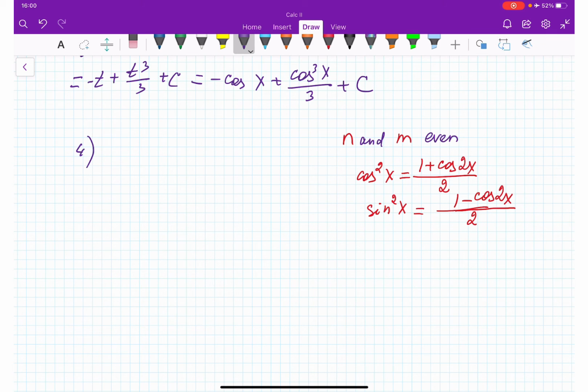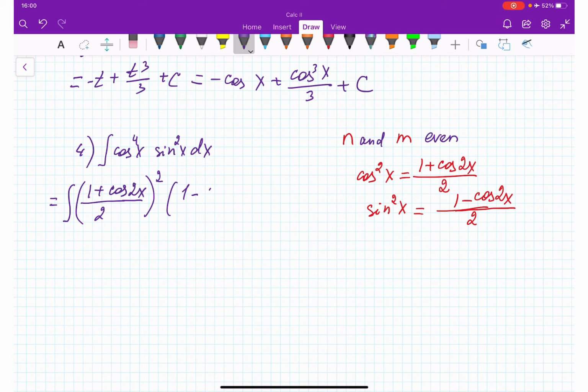We have integral cosine degree 4 and sine degree 2 and dx. Okay, and it's equal integral 1 plus cosine 2x over 2 squared times 1 minus cosine 2x over 2.